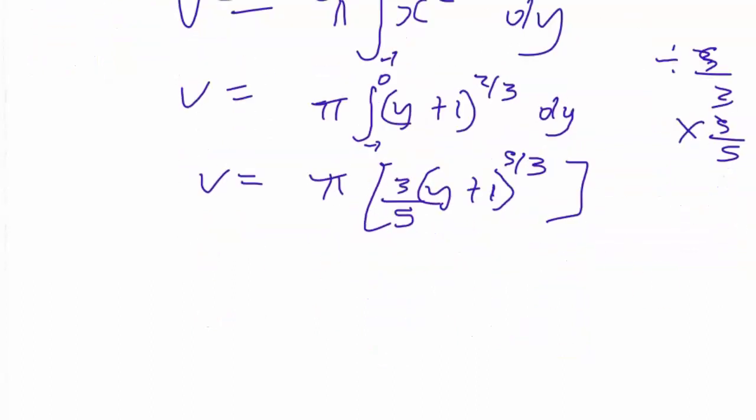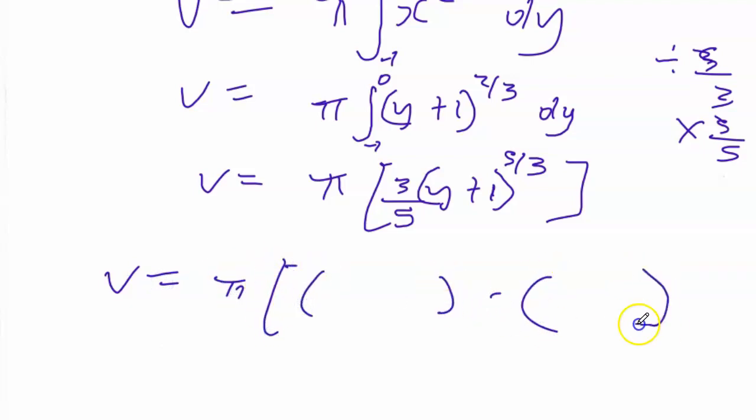Alright, so we're going to formulate two brackets. In the first bracket, we're going to replace y with the bigger value, which is 0, right? 0 is bigger than -1.